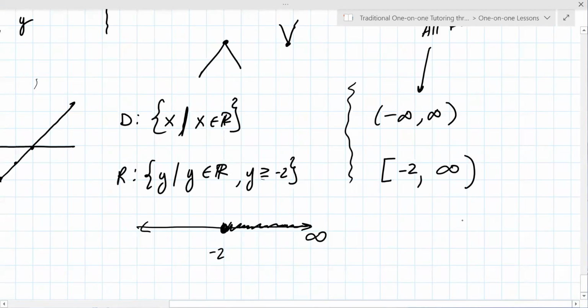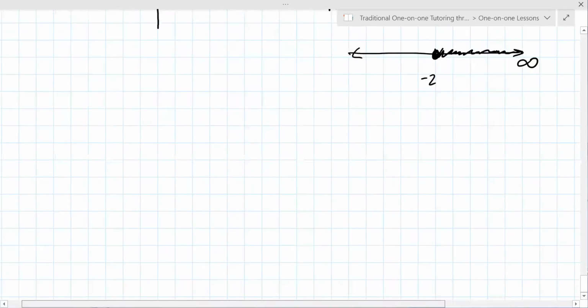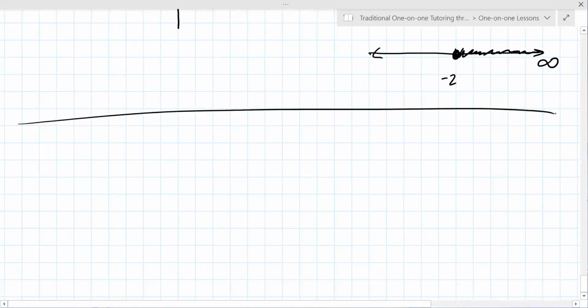All right, I guess that makes more sense now, that infinity thing. So let's do this. Let me give you a couple of set builders to convert to intervals, because I think that could be a stumbling block here.